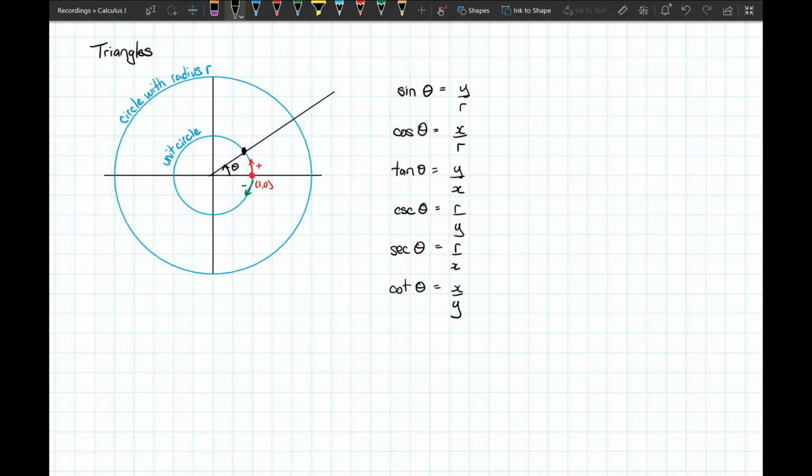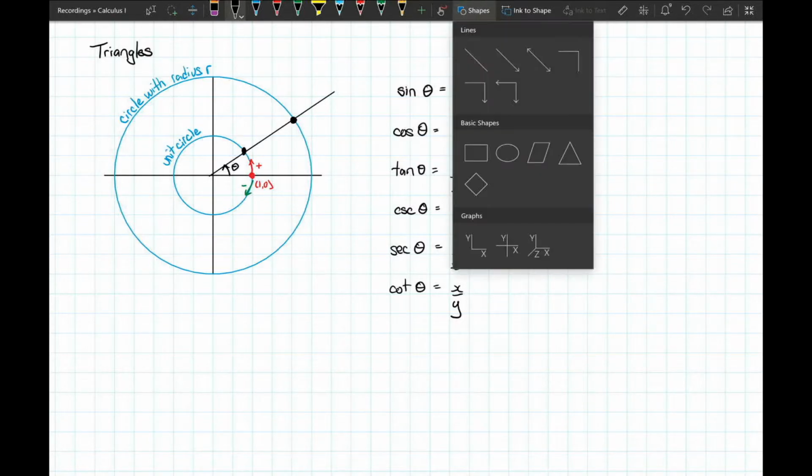Now remember the definitions of sine and cosine and tangent, along with their reciprocals. I have given those definitions here using r as being any circle of radius r that we like. So if we wanted to find out the values of sine, cosine, tangent in any of these trig functions, we could also just as easily look at a point with that same angle, but on a circle of radius r.